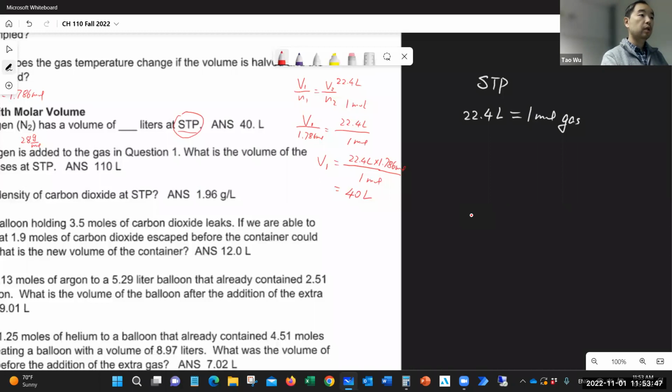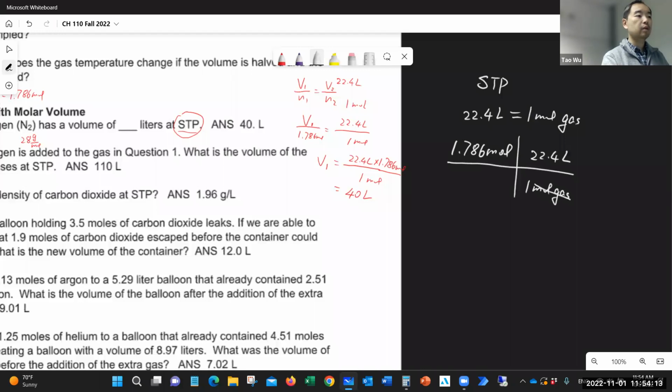So now you know 22.4 liters is equal to 1 mole. Now, how many moles do we have? We have 1.786 moles of gas. And then you're going to convert this: 1 mole of the gas equal to 22.4 liter.